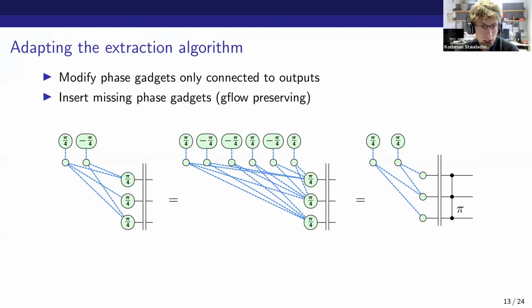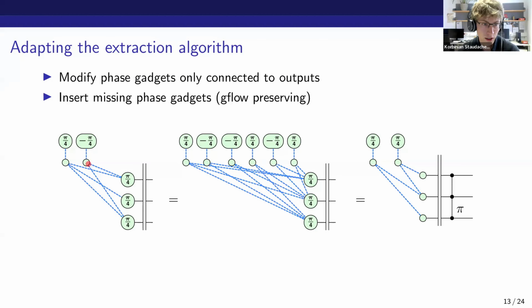And as the last step, what we can also do is handle the case when phase gadgets are entirely missing in the outputs. So here we again have a similar structure. We want to extract a multi-controlled phase gate on 3 qubits, but we only have this degree 3 phase gadget and one of the 3 degree 2 phase gadgets.